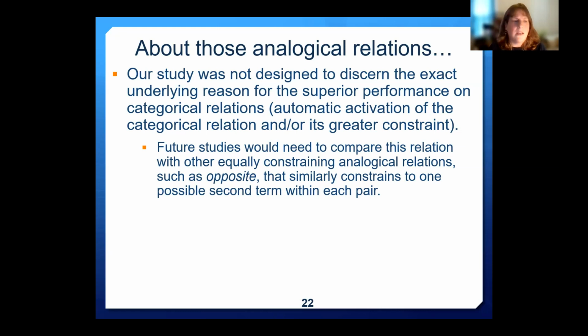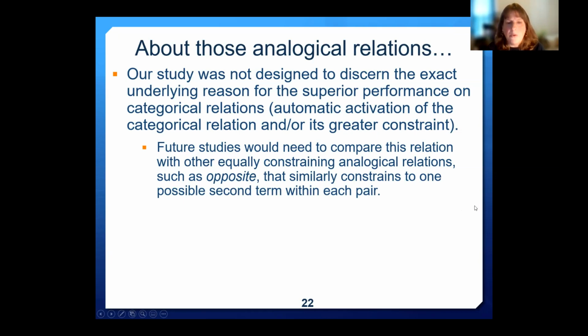Day is to night as morning is to evening. That would be a nice semantically near example. But to do that, you would have that strong opposite relation. So once you realize, oh, okay, this is an opposite relation, then it's very constraining what that D term has to be.